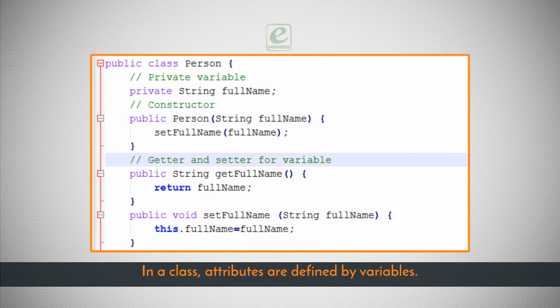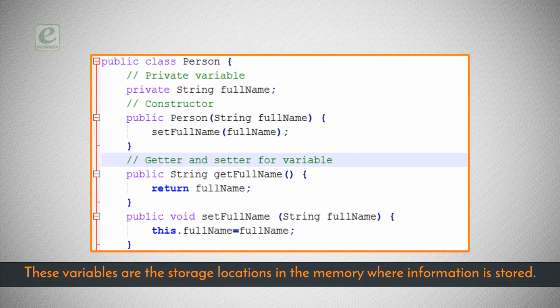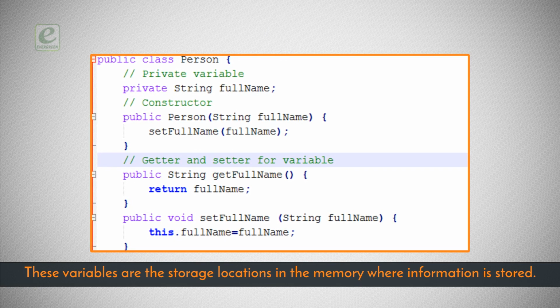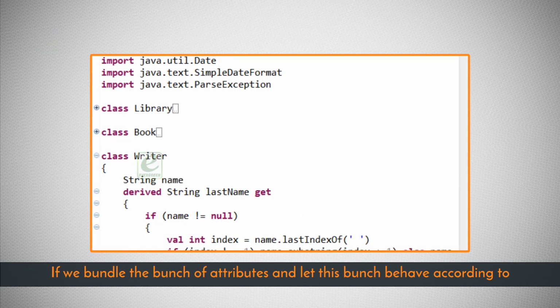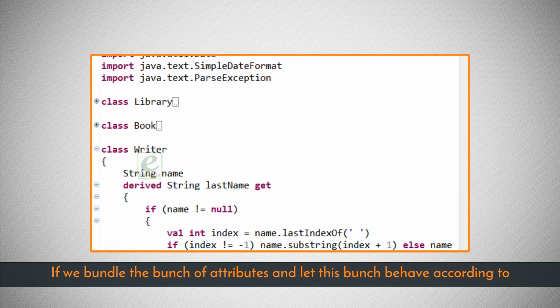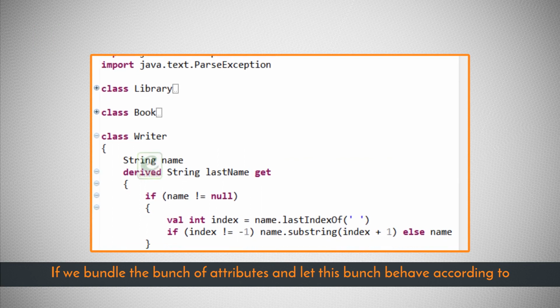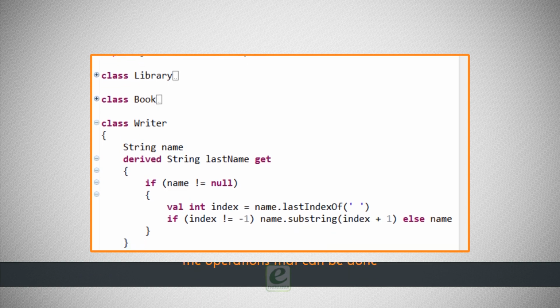In a class, attributes are defined by variables. These variables are the storage locations in the memory where information is stored. If we bundle a bunch of attributes and let this bunch behave according to the operations, that can be done.